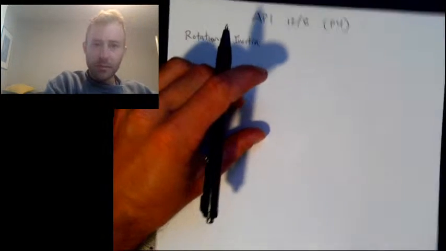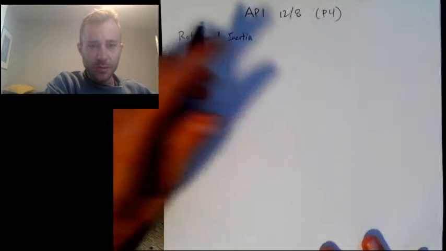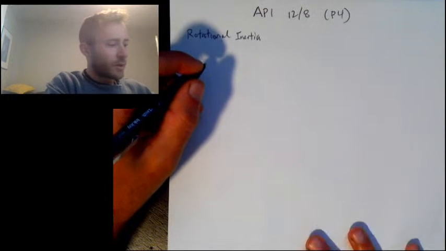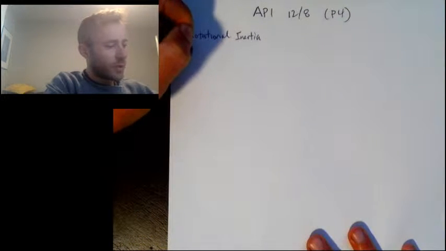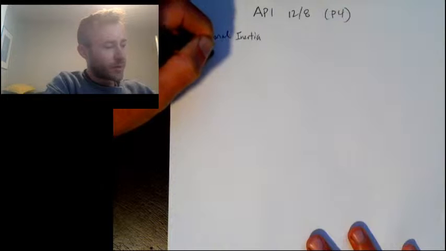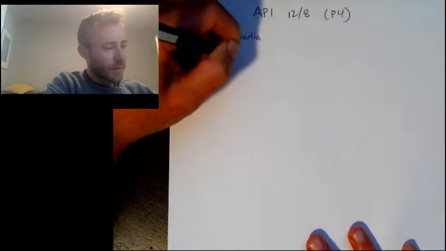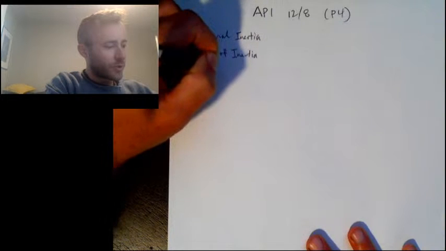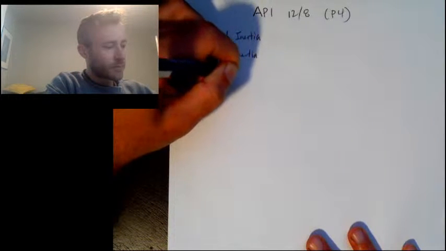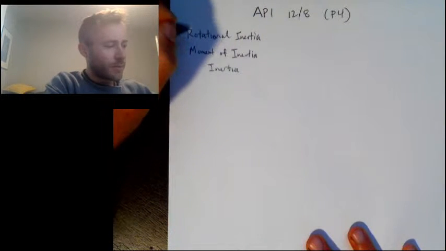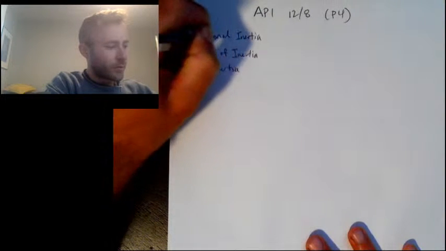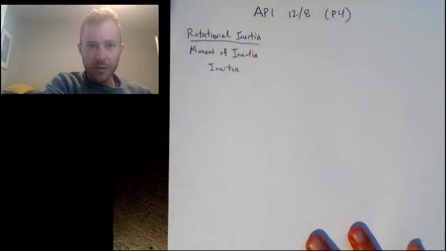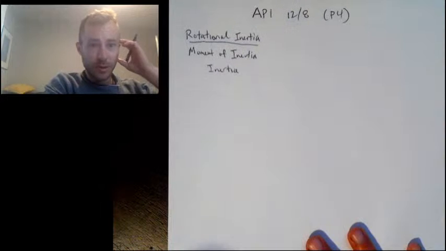It's known by a couple of different names, though, so let me give you some of the other names. Sometimes it's called moment of inertia, and sometimes it's just called inertia. So this is the one that I think IB uses and the one that I use most of the time.